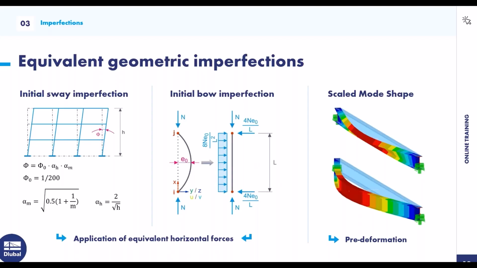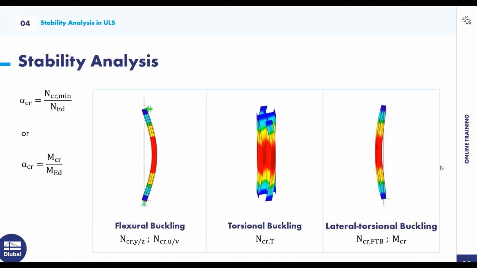These two variants are the possible equivalent geometric imperfections. Another alternative is pre-deformation, which can be calculated with the help of stability analysis. The respective governing eigenmode is scaled and applied as an imperfection. That's not so often used, but it's possible. What you often use is the initial sway imperfection or the initial bow imperfection, or both. You can see that in a later slide.